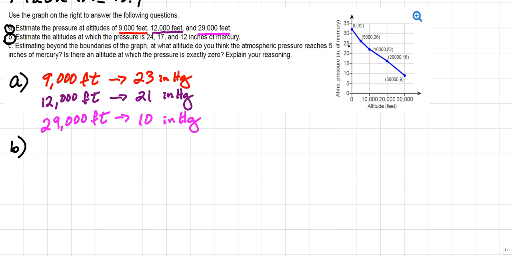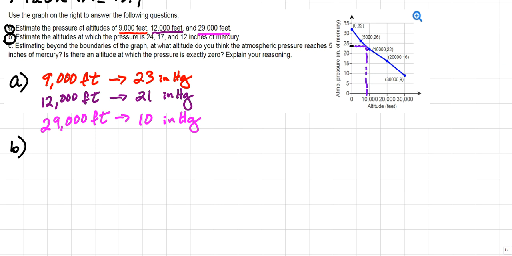So we're at 24, which is going to be somewhere right around here. We draw a horizontal line until it intersects the graph, and then draw a vertical line down, and we can estimate that to be somewhere around 8,000 or 9,000 feet.